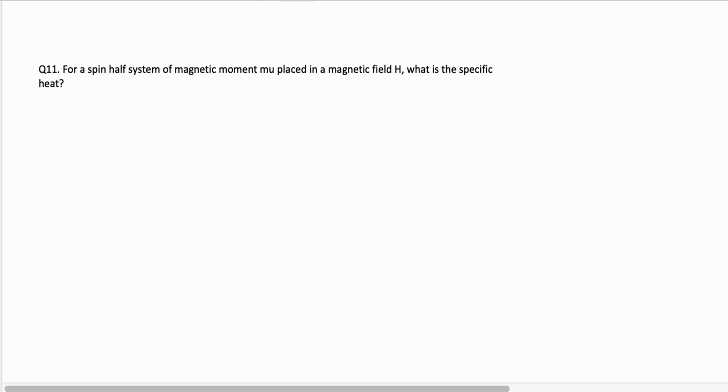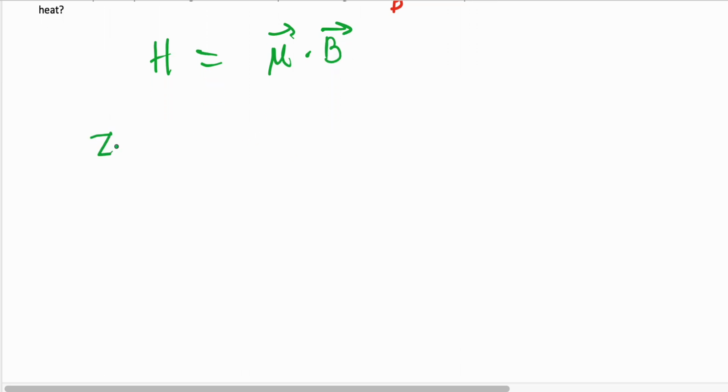Its Hamiltonian is basically mu dot B, let's call this magnetic field B. So mu dot B is the Hamiltonian. So what will be the partition function?